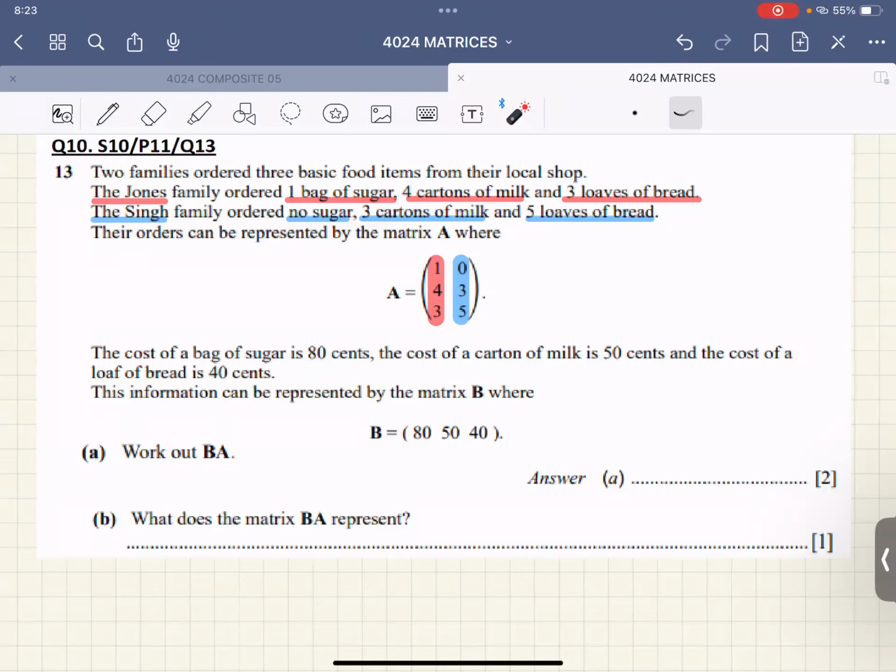The information can be represented this way. So now we are talking about cost of a bag of sugar is 80, carton of milk is 50, and cost of a loaf of bread is 40. And how is it represented? As 80, 50, 40. That's it, represented like this.